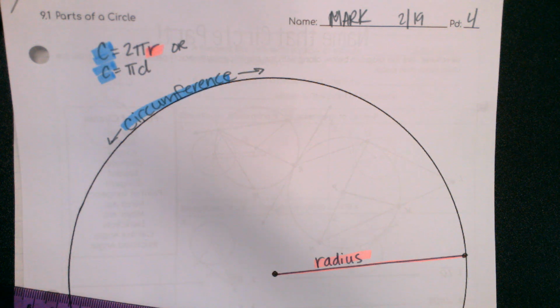We have D, diameter. How would I draw in the diameter? How is it different from the radius? It's a segment that goes all the way from one endpoint to the other endpoint of the circle, and it goes through the center point.